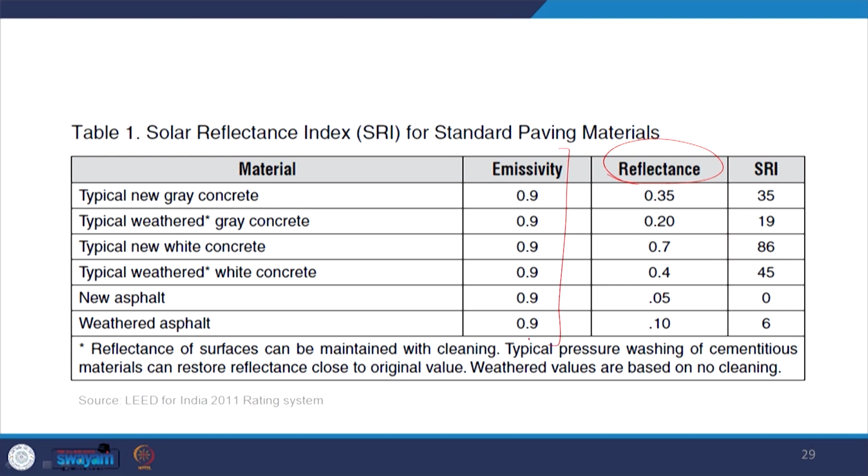So, if we look at a surface where 100% of the radiation is incident, and we reflect around 20% for typically weathered grey concrete, the rest, 75% of it, has been absorbed by the material.